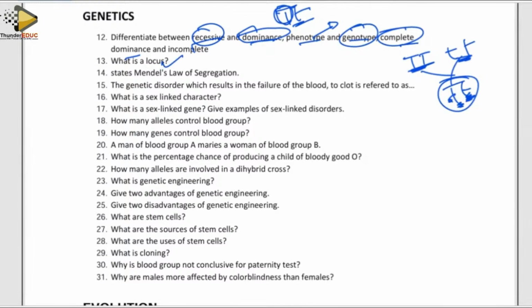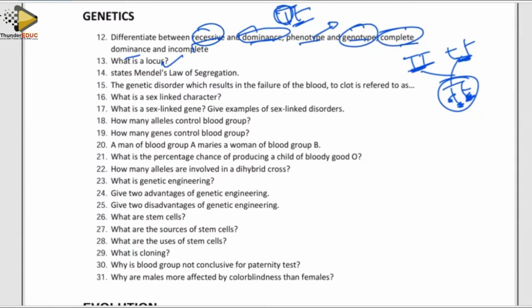So what is a locus? Locus is the position of a gene along a chromosome. And then Mendel's law of segregation describes the alleles separating. Basically it states that the alleles for each gene separate during gamete formation.